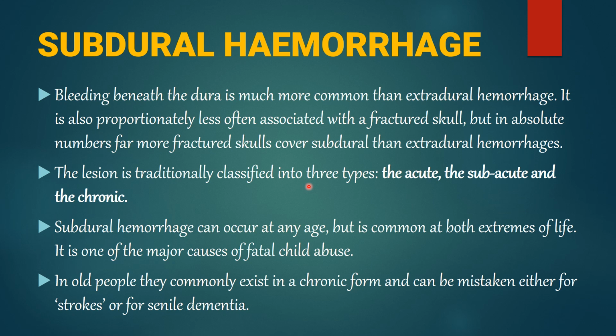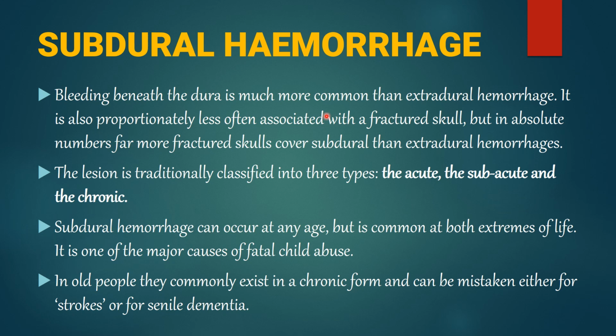As I said, extradural hemorrhage is usually less common in percentage of occurrence. Subdural hemorrhage is much more common, but the most common intrathecal hemorrhage is subarachnoid hemorrhage. However, subdural hemorrhage is not almost always associated with skull fracture like extradural hemorrhage.